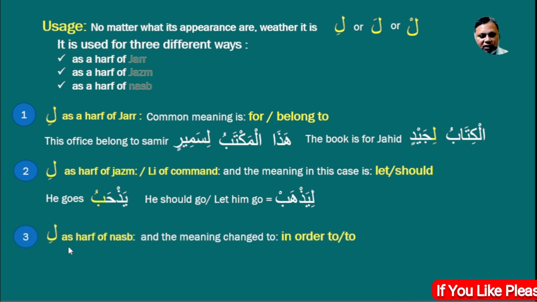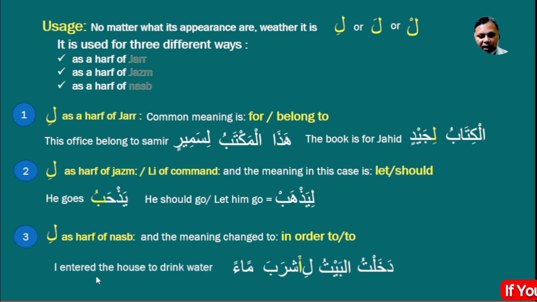And the li as a harf of nasab, and the meaning changes to in order to or to only. For example, I entered the house to drink the water: Dakhaltu al-bayta li ashraba ma'an. Dakhaltu means I entered, al-bayta means the house.